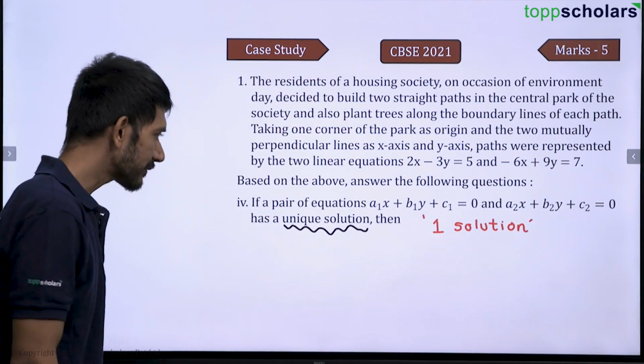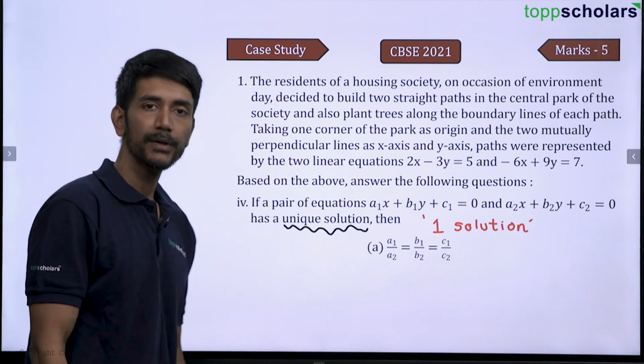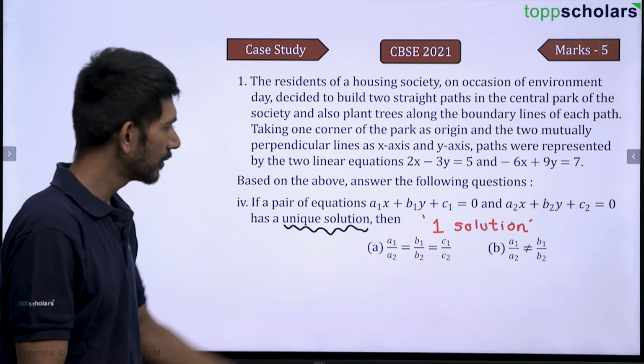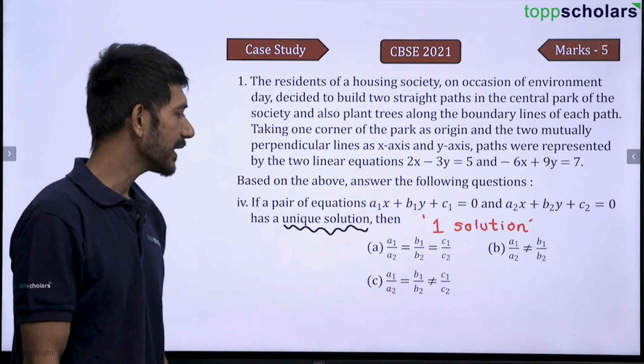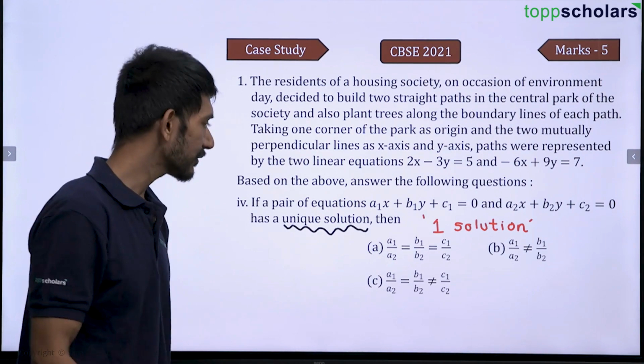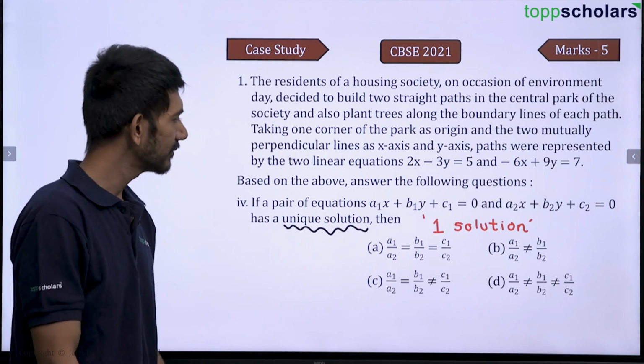Then what is the condition? a1 by a2 is equal to b1 by b2 is equal to c1 by c2, or a1 by a2 is not equal to b1 by b2, or a1 by a2 is equal to b1 by b2 but is not equal to c1 by c2, or all three of them are not equal.